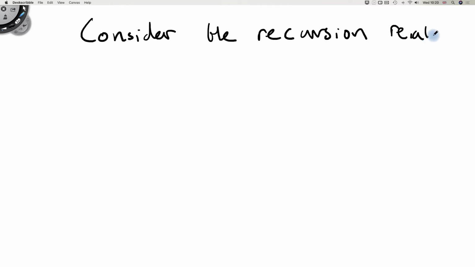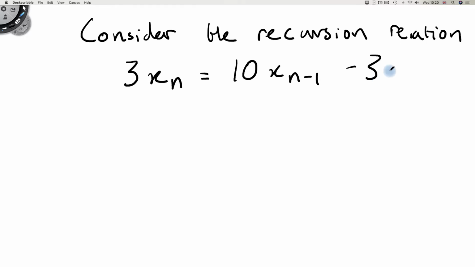So we're going to consider the recursion relation 3 times xn equals 10 times xn minus 1 minus 3 times xn minus 2.